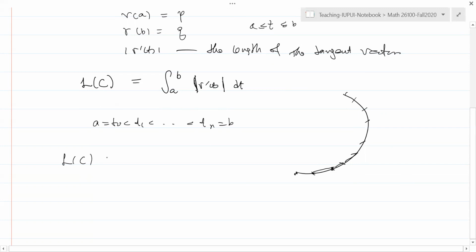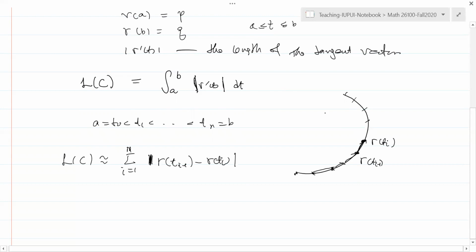So the length is almost equal to the sum from i = 1 to k. How can I measure the distance between two points? I use line segments instead of the curve to measure the distance, the distance between r(t_{i-1}) and r(t_i).